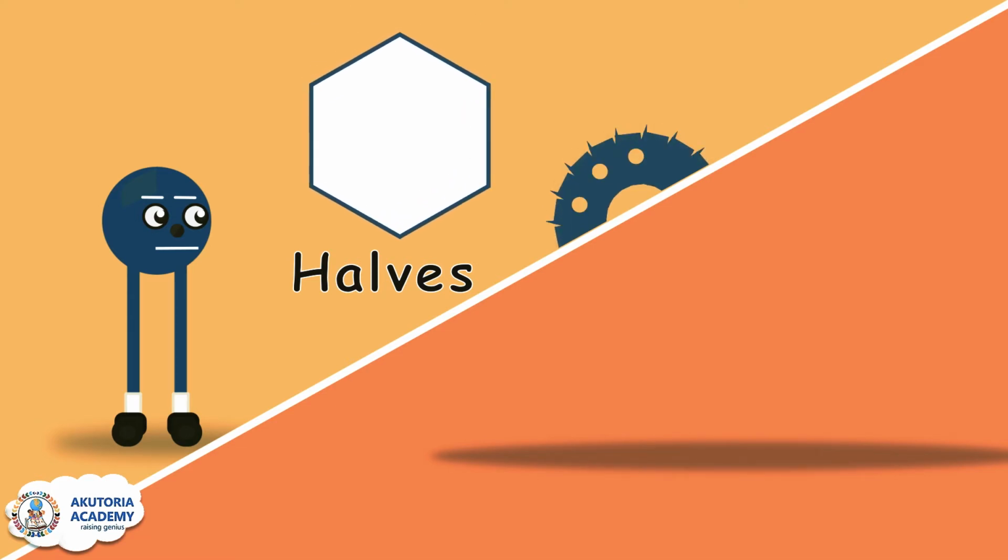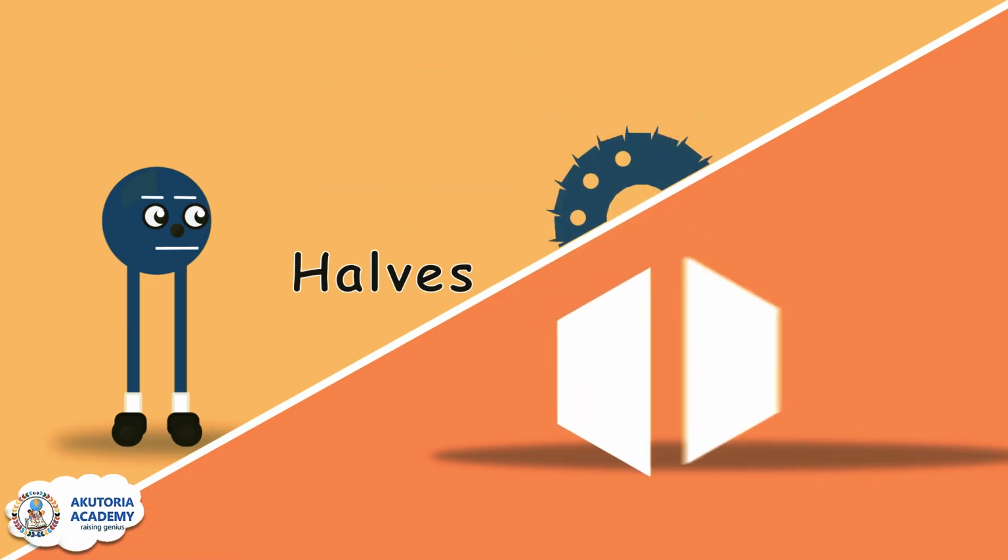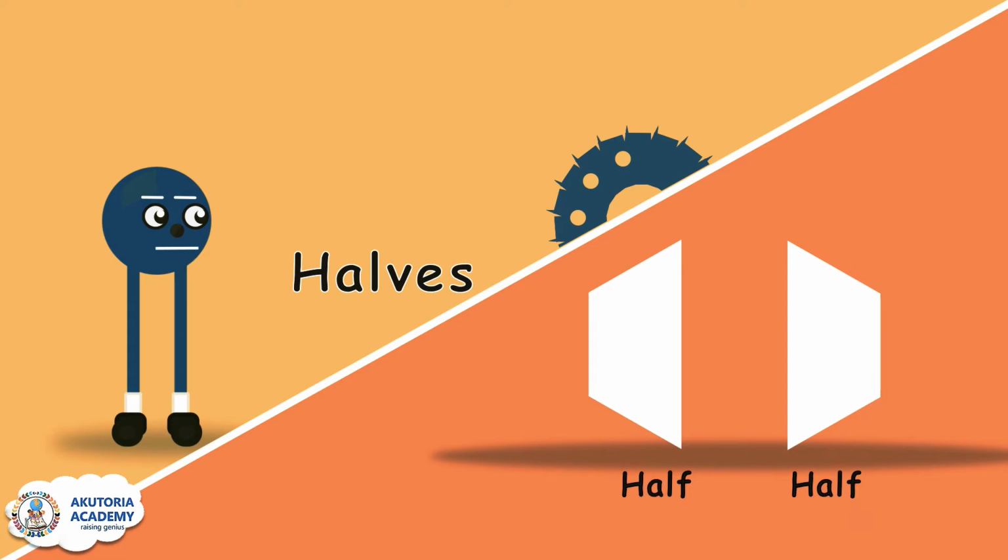Let's divide this hexagon into halves. We have here 2 shapes, and each of them is a half of the hexagon. And when we want to write half, it is written as 1/2.